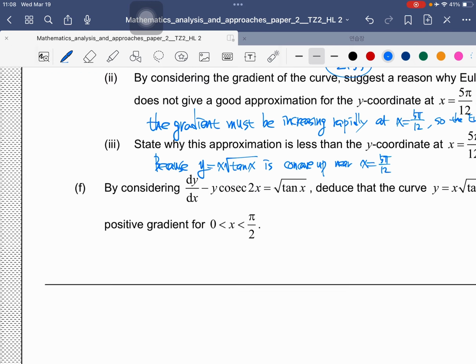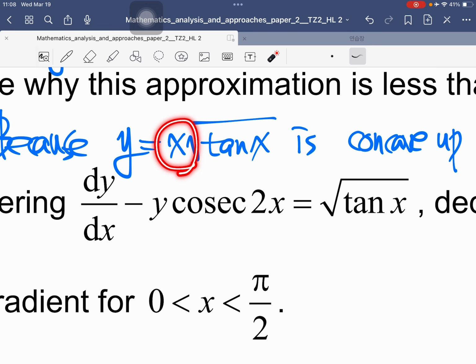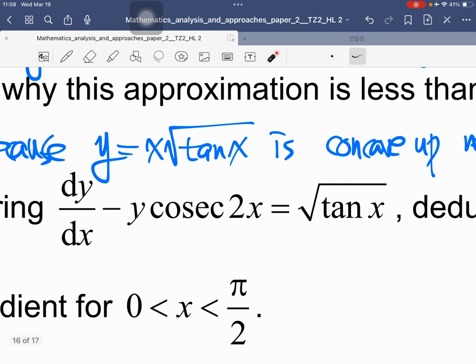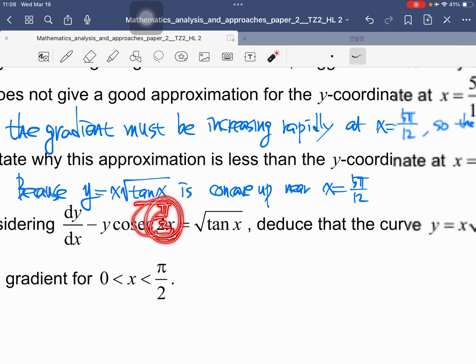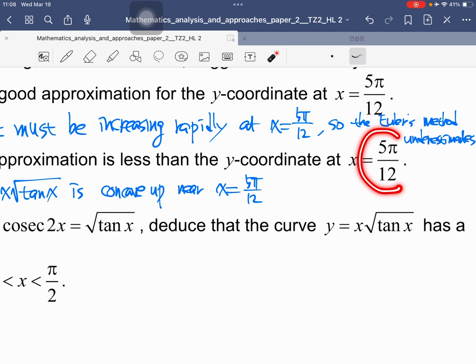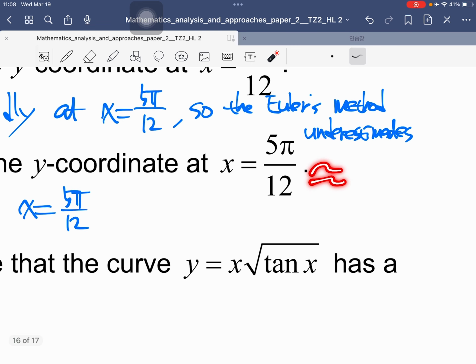So you can easily estimate, see the y over x, there's no domain problem, but for tangent of x, when x approaches pi over 2, this is a vertical asymptote of tangent of x. So notice that 5 pi over 12 is very near to pi over 2, which is 6 pi over 12.